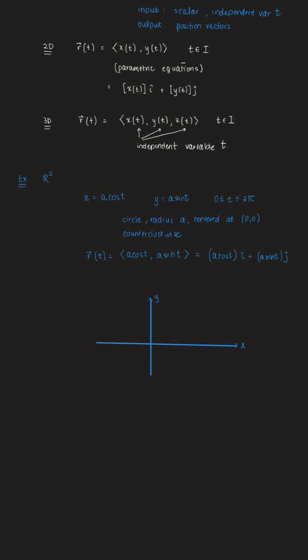We have a circle of radius a, that is the curve, and the parametrized equation, or our vector function, will be a set of vectors.